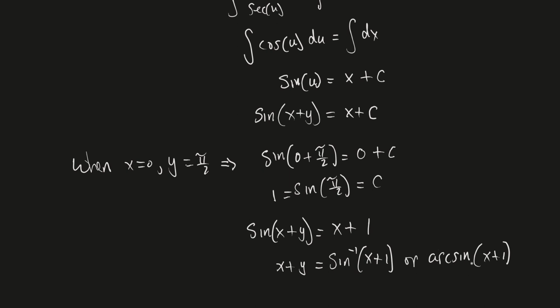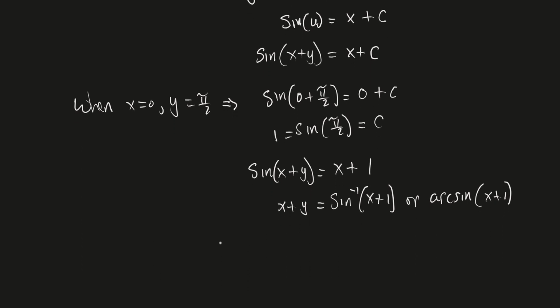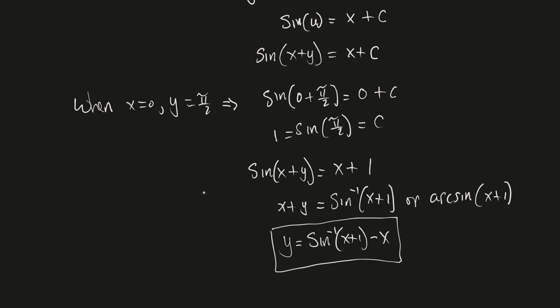Things like MATLAB, Maple, Mobius, they all use some version of this arc notation. They don't use the -1 for the inverse sine function, right? And then once we have it in this form, we can subtract x from both sides and get our explicit particular solution for y as a function of x. So we end up having arc sine of x plus 1 minus x, right? So that's our solution.